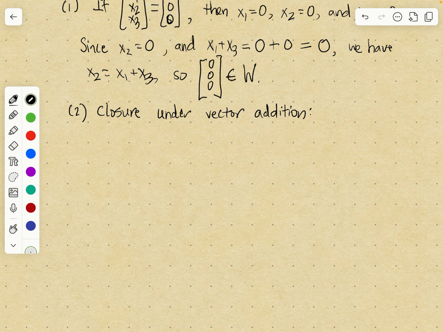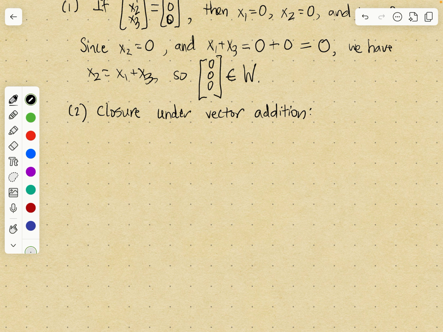We need to start off with two random vectors in W. Arbitrary is the technical term. We add them and somehow check that the result is an element of W. The difficulty is that since W has an infinite number of vectors, it's impossible to work with specific numbers. We have to just work with two vectors in W and somehow use the fact that they're in W to show that the sum is in W.